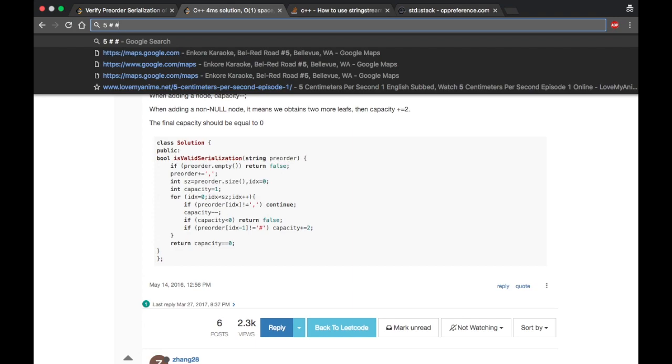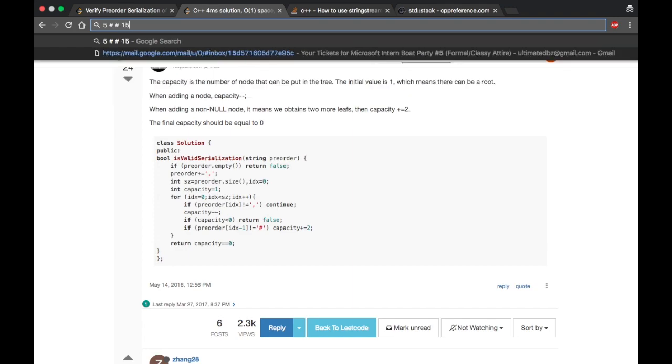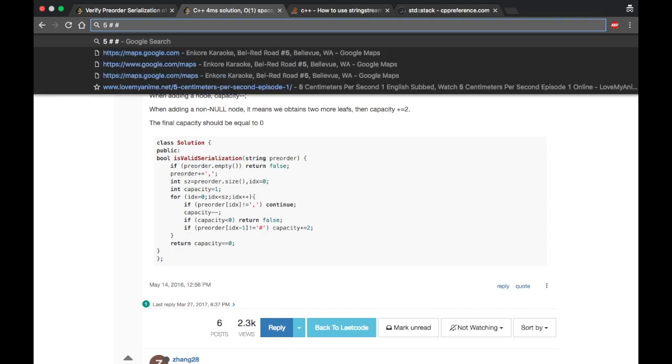Anytime that capacity goes negative, then it's false, right? Because if you have another hash, that's not valid. Or if you have another number, that's also not valid, because capacity is like how many seats you have left, and if you have no more room to have children, then you can't have any more.